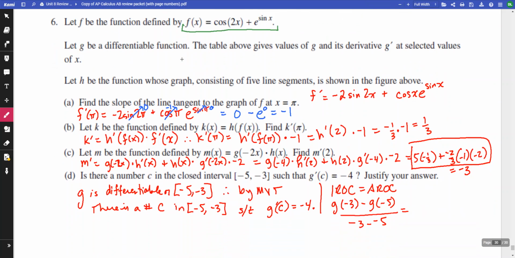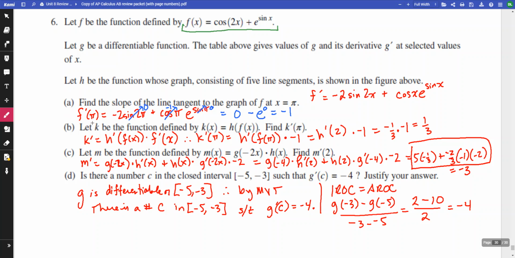So what we've got is 2 minus 10 divided by 2, and that is negative 4. So we do have, by the mean value theorem, and whenever you have a mean value theorem, you know it if you're talking about a differentiable function and you want to find out about the slope of that function being equal to the instantaneous rate of change.